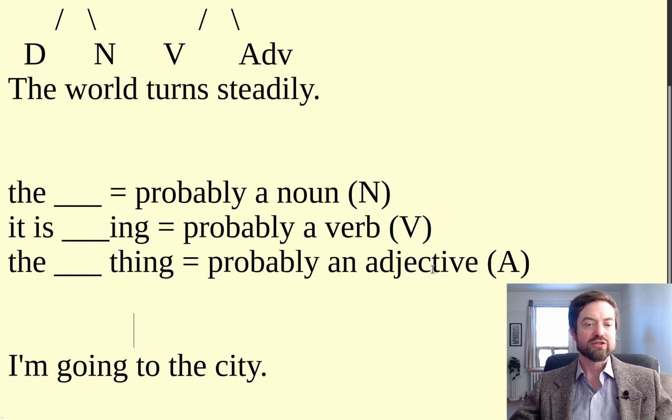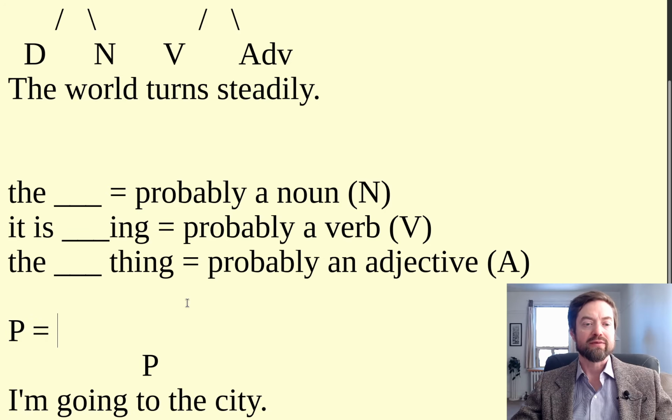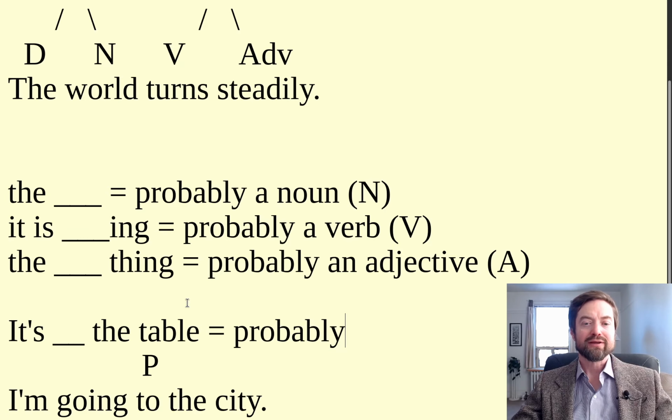Okay, so if you look at it this way, just to focus on this part, there's another word category that's very common and very helpful to see, and that is here, these little words. These are prepositions. You'll start to see a common set of them. Let's see, it's blank the table. Probably a preposition.